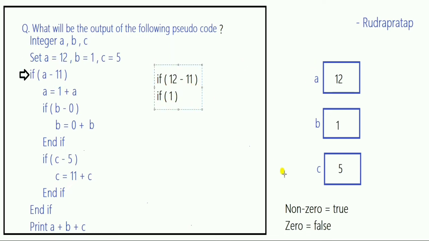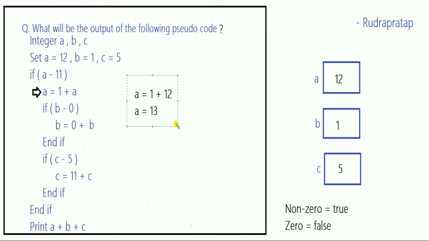And we know the rule that non-zero means true and 0 means false. So 1 is non-zero, so we can execute the body of if. And we have a statement a equal to 1 plus a. So 1 plus 12 is 13, and 13 is assigned to the variable a. After that we have another if condition in which we have b minus 0.